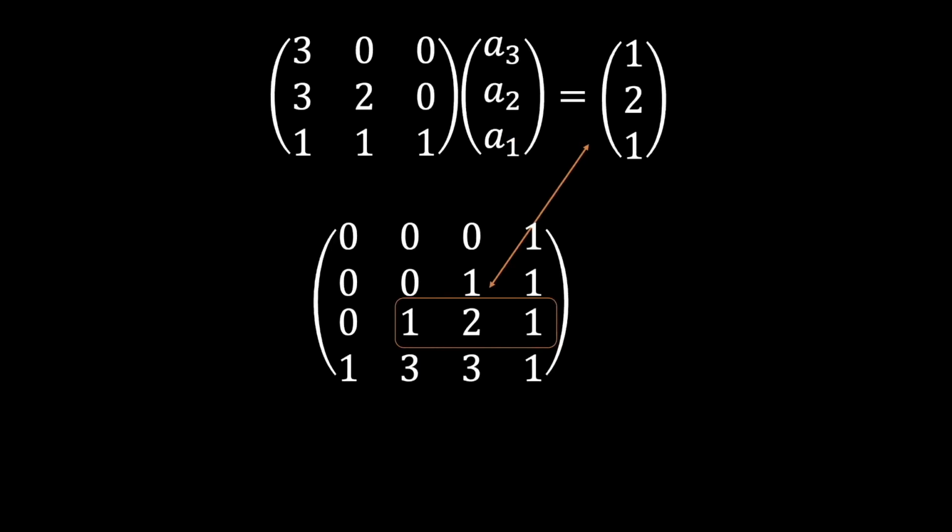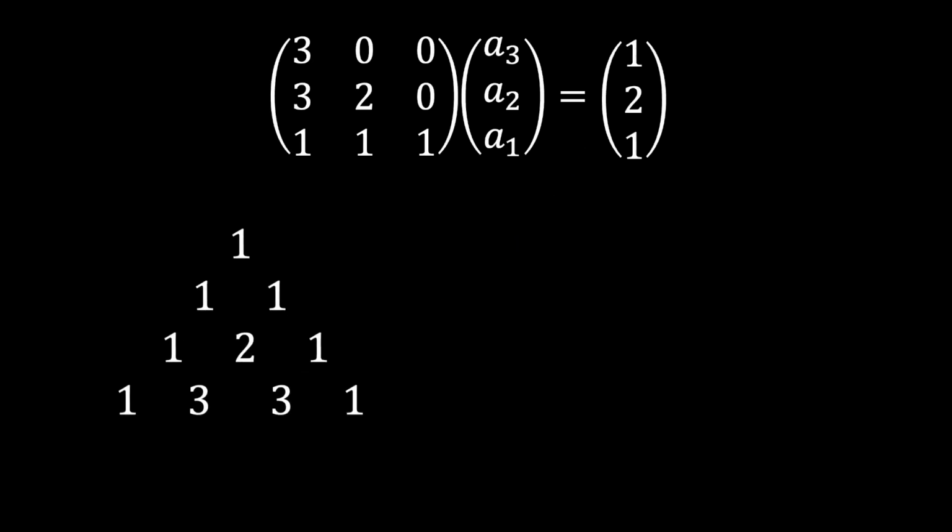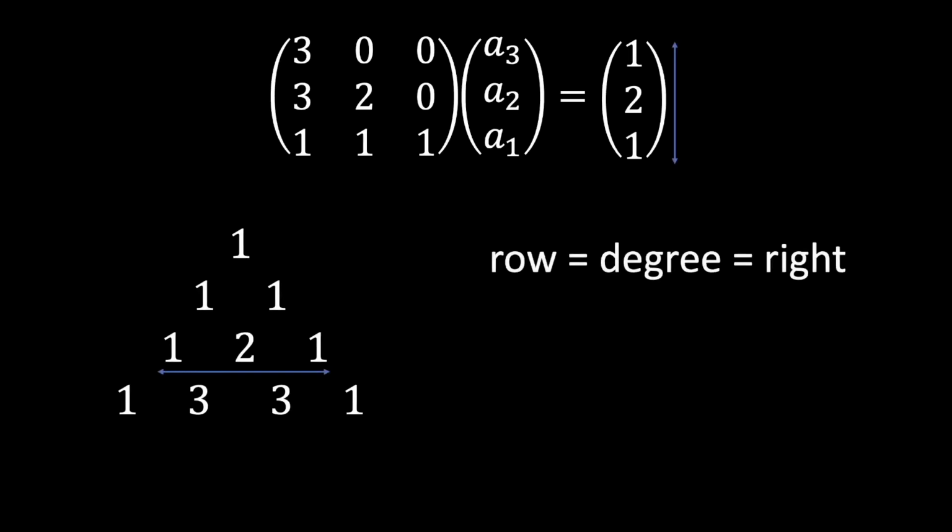Alright, let's try to summarize this amazing pattern. We were trying to solve for the 3 coefficients for a degree 3 polynomial. The right side had 3 numbers. So we looked at the third row of Pascal's triangle and placed them on the right. Now, to calculate the coefficients for a's, you need to skip the diagonal ones and mark the neighbor numbers from bottom up and fill in the rest with zeros.